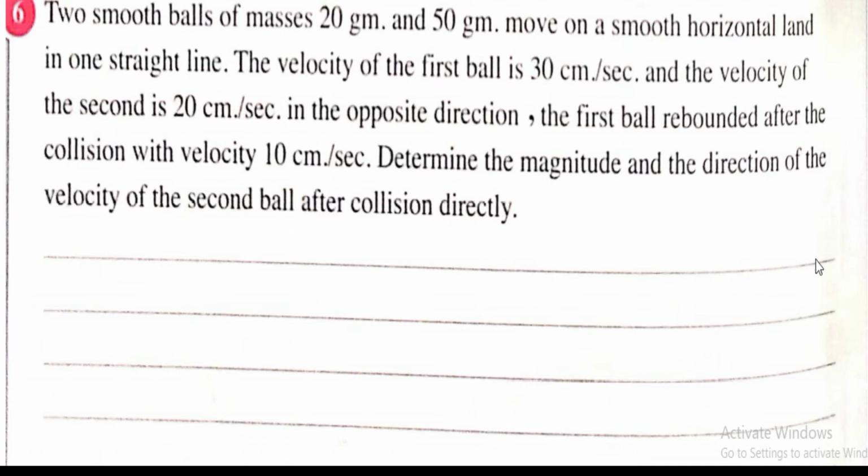We have two small balls moving in a smooth horizontal plane. This is the first ball, this is the second ball in the opposite direction. We shall make the direction of the first ball the positive direction.